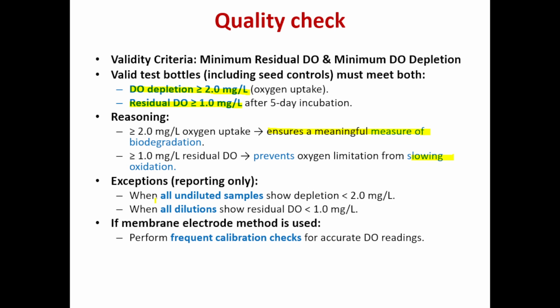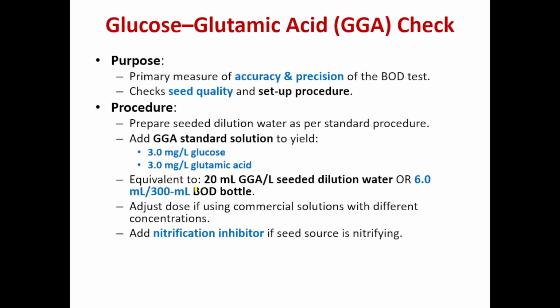Exceptions are there if we are using all undiluted samples and it shows depletion less than 2 mg per liter, when all diluted shows residual DO less than 1 mg per liter. If the membrane electrode method is used, perform frequent calibration checks for accurate DO readings.